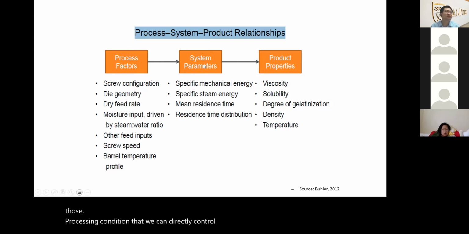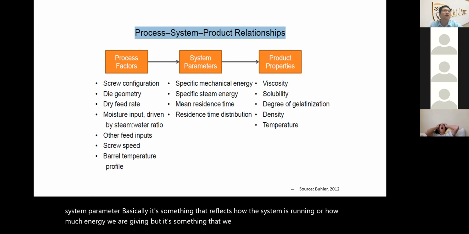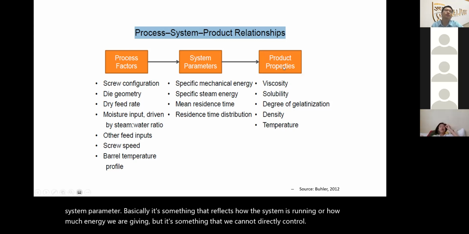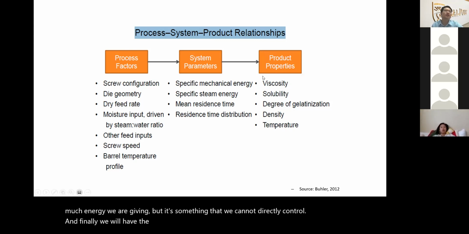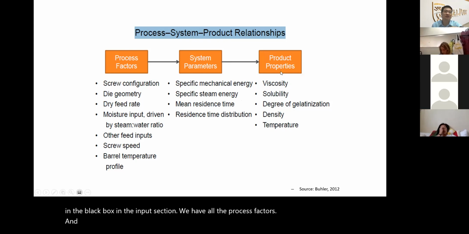Then there are system parameters, which reflect how the system is running or how much energy we are giving, but which we cannot directly control. And finally, we have the product properties. That's why it's like a black box: in the input section we have all the process factors, and in the output section we have all the product properties.